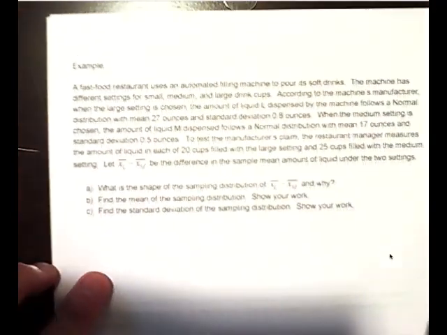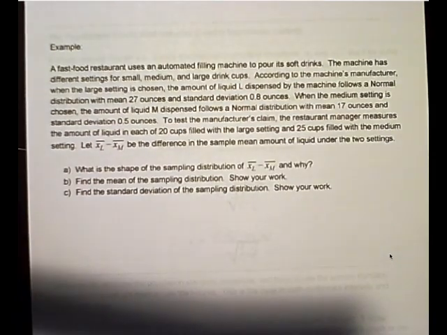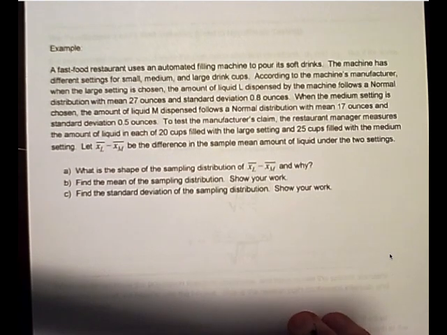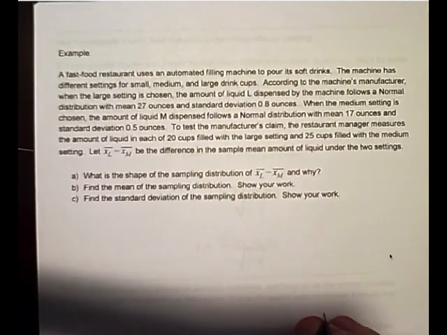So let's look at an example. It says a fast food restaurant uses an automated filling machine to pour its soft drinks. The machine has different settings for small, medium, and large drink cups. According to the machine's manufacturer, when the large setting is chosen, the amount of liquid dispensed by the machine follows a normal distribution with mean 27 ounces and a standard deviation of 0.8 ounces.